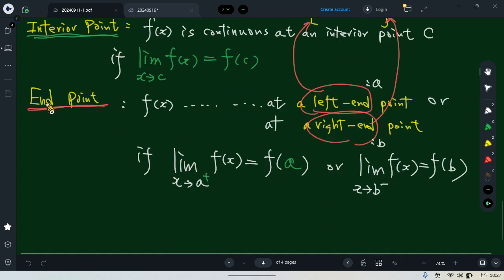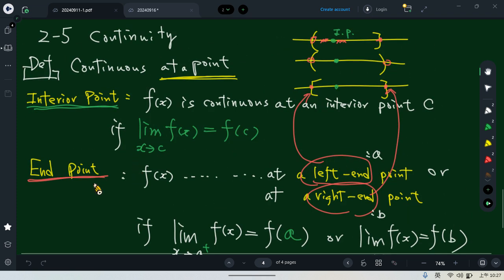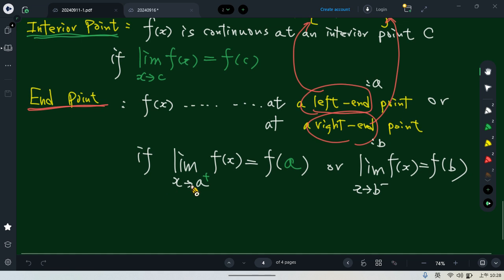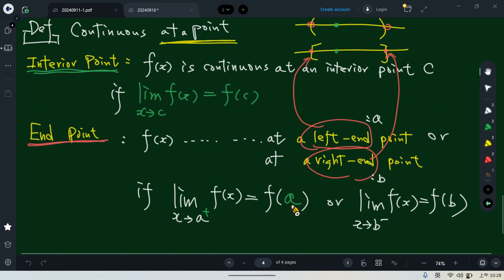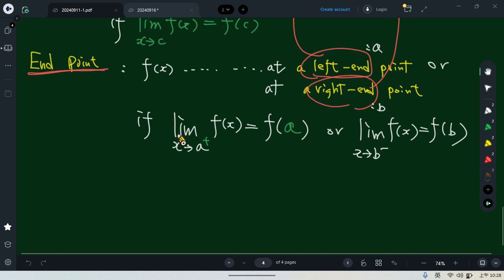When we want to evaluate if the point is continuous at the endpoint, if the endpoint is the left end, just like a here, then we will check if its right limit exists for a, and especially if its function value at x equals a is the same as the limit value when x is approaching a plus.